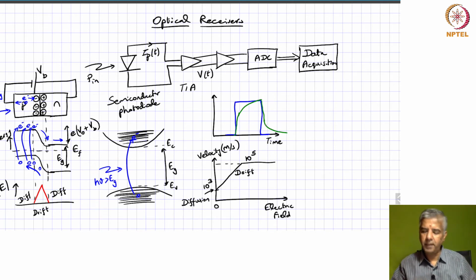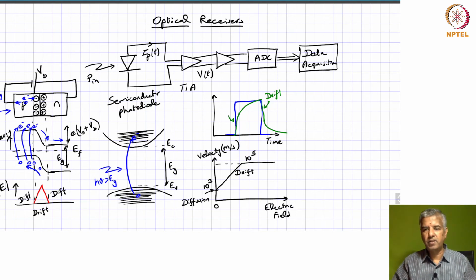So what is happening? Well, these regions over here and over here would correspond to the drift velocity, because those carriers which are under the influence of drift will actually go out to the external circuit first.